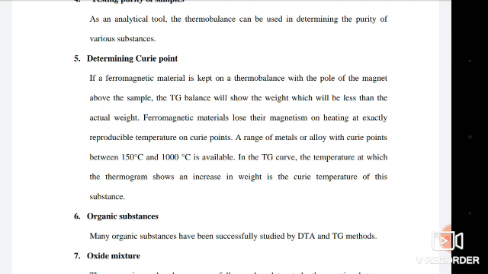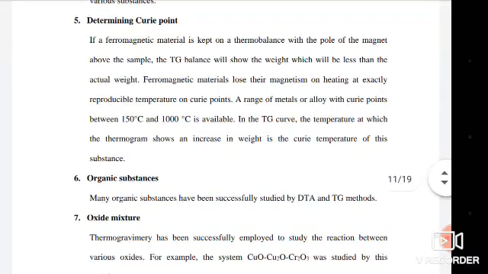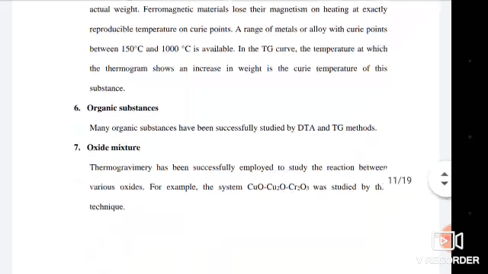A range of metals or alloys with Curie points between 150 degrees and 1000 degrees is available. In the TG curve, the temperature at which the thermogram shows an increase in weight is the Curie temperature of the substance. So this is used for determining the Curie temperature or Curie point.